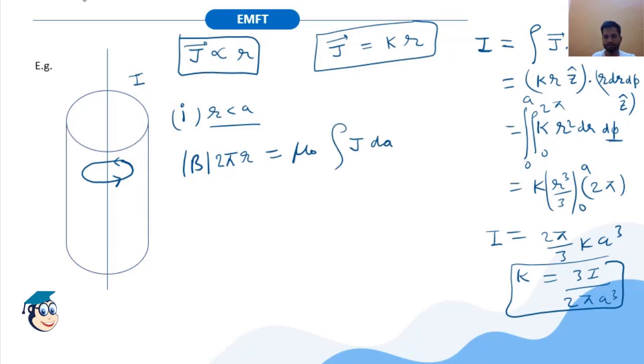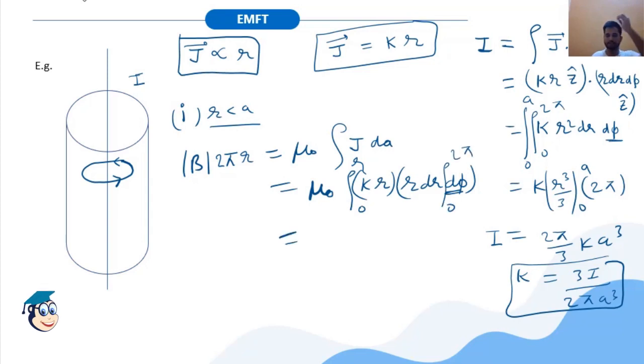Okay, so for j dA integral, we know j is nothing but k times r, mu naught k r, and dA in this particular case is nothing but again r dr d phi. Okay, so if we integrate this quantity for a given limit which is from 0 to r, and for phi we know the integral is from 0 to 2 pi.